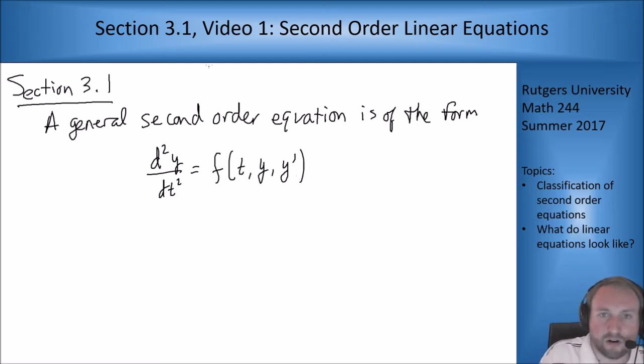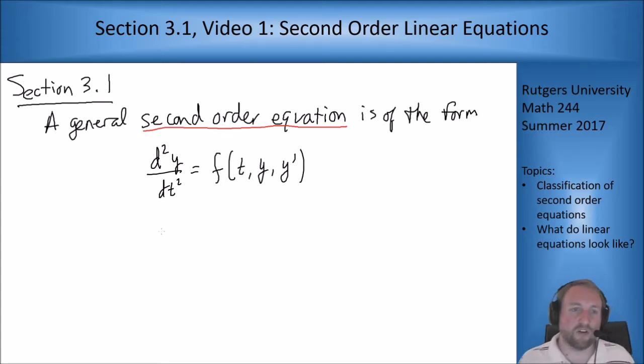Right, so our general first order equation was dy dt equals f of y, t. In this case, second order equation means our highest derivative should be second order, and we're going to again assume we can isolate that second order derivative. And so the general second order equation is d squared y dt squared equals f, some random function of t, y, and y prime.